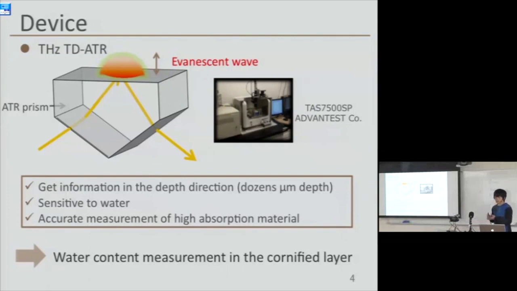Thanks to this evanescent wave, we can get information in the depth direction, about dozens of micrometers of depth, and the terahertz wave is sensitive to water. By using the ATR system, we can measure high absorption material accurately. So by using this method, I want to measure the water content in the cornified layer.